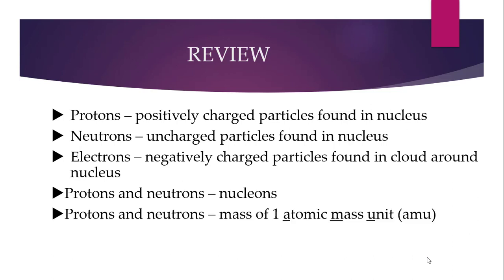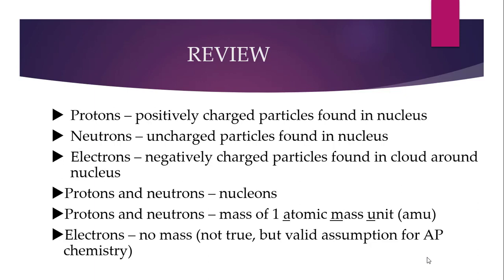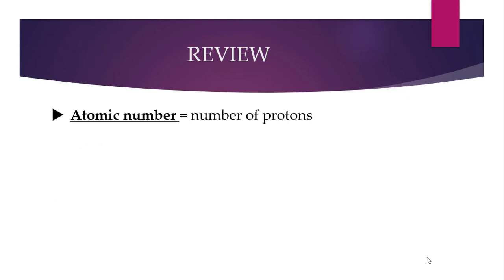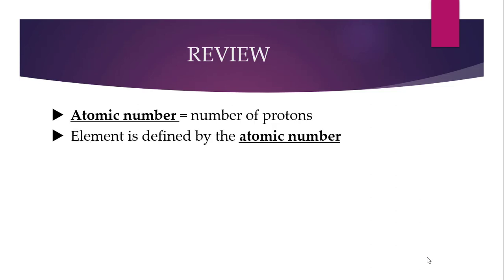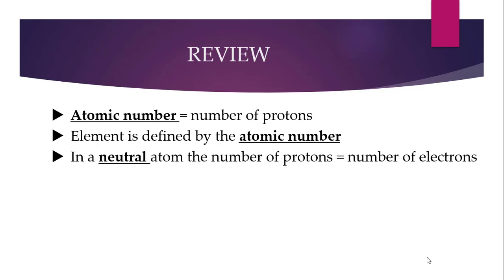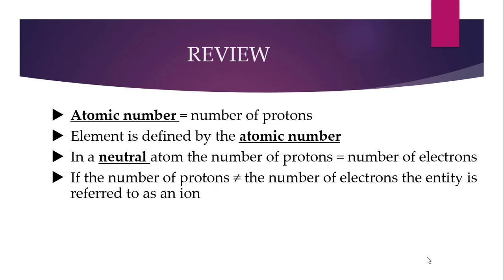We define the mass of protons and neutrons as 1 atomic mass unit, and electrons, for all intents and purposes, have no mass. The atomic number is the number of protons, and an element is defined by the atomic number. In a neutral atom, the number of protons equals the number of electrons. If the number of protons does not equal the number of electrons, the entity is referred to as an ion.